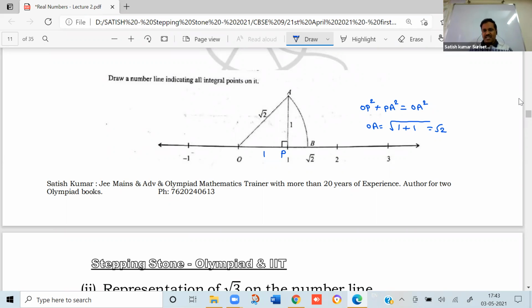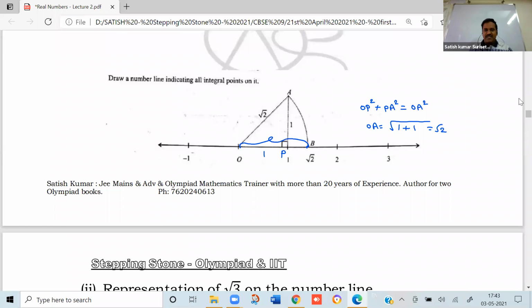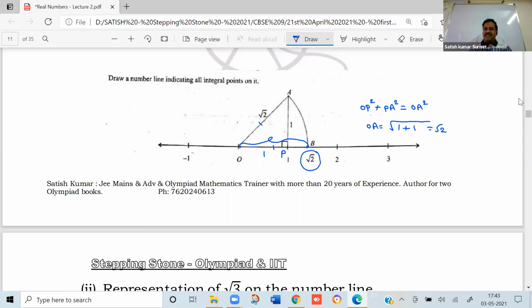When you draw the arc, it will intersect the number line at a point B. The length of OB will be the same as the length of OA. Why? Because both are radii. Because OA length is root 2, OB length is also root 2. Now B corresponds to a point on the number line. That means we are able to express an irrational number as a point on the number line.